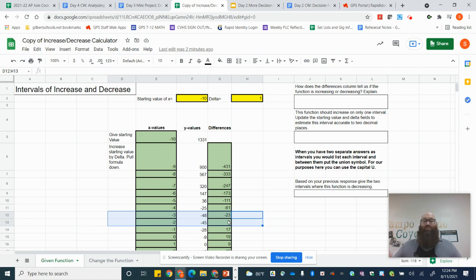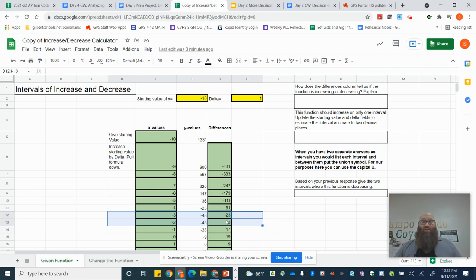So that means that our function goes from decreasing to increasing. That point where we change from decreasing to increasing is what we would call a minimum. So the first task that we were left with yesterday was to try and find the x value of that minimum to at least 2 decimal places of accuracy.